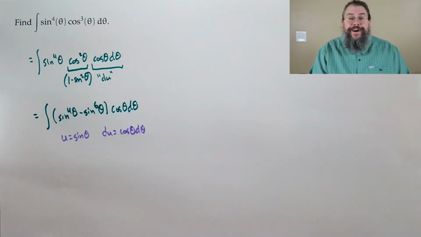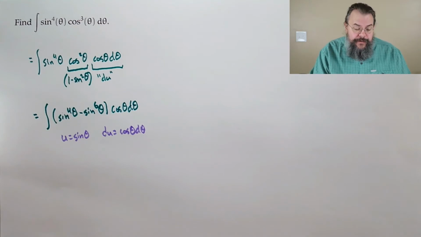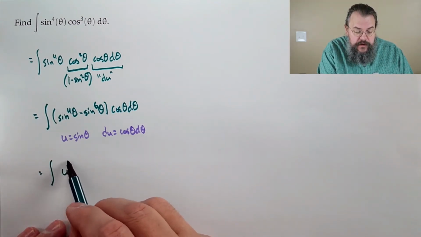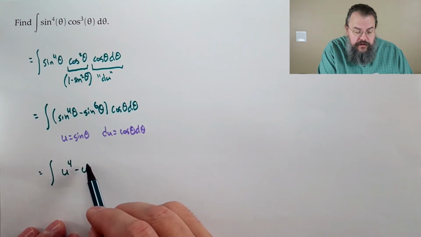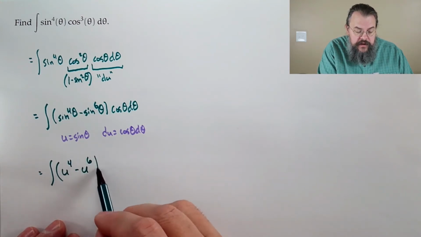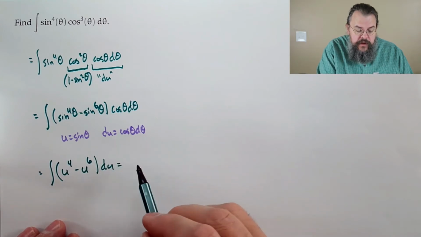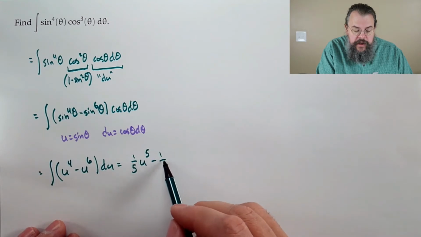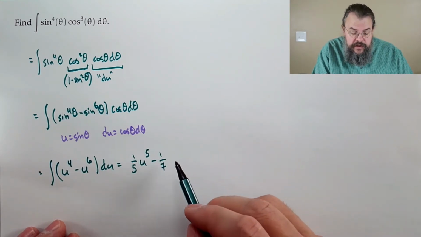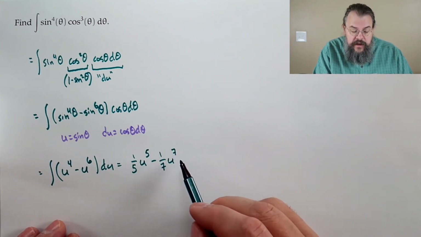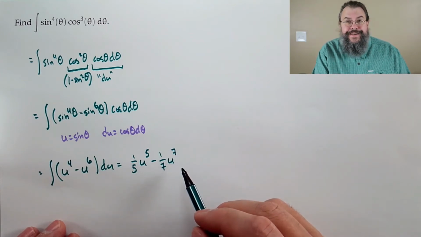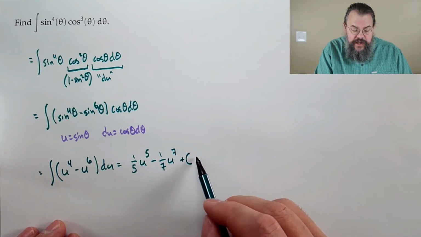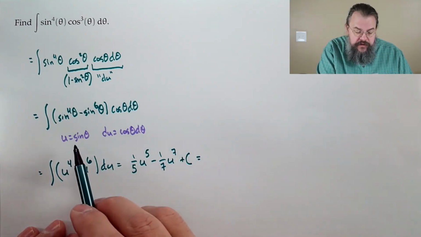And now, beautiful, beautiful. So this becomes the integral of u to the fourth minus u to the sixth du. So that's 1/5 u to the fifth minus 1/7 u to the seventh. And, of course, it's an indefinite integral, so we're not going to forget plus c. And to finish up, go back and replace u.